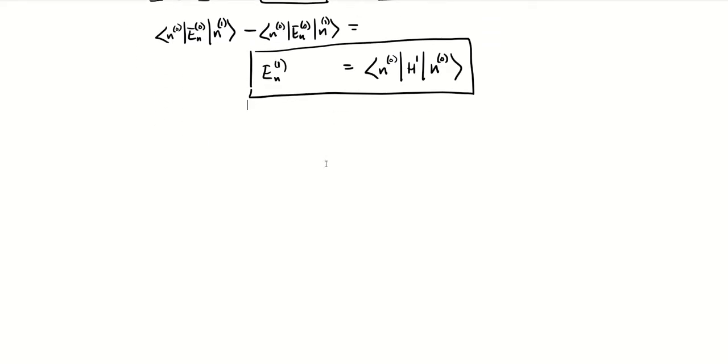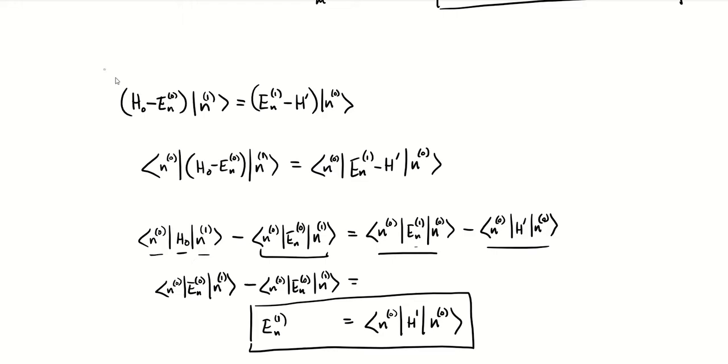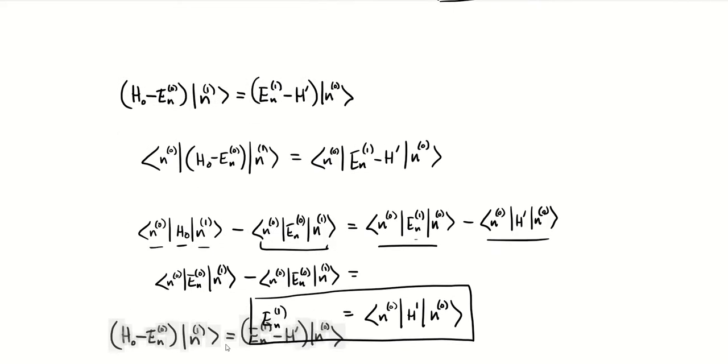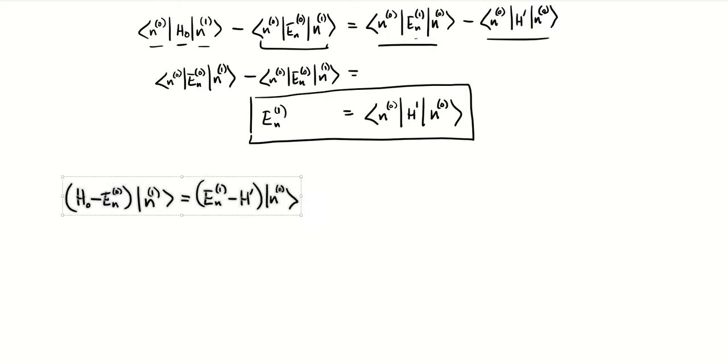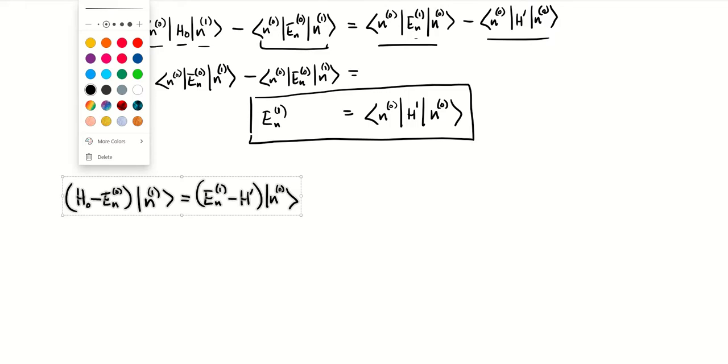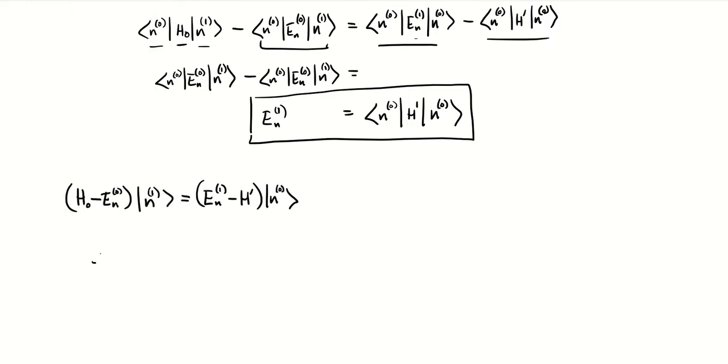And then again, if we look at the other rows of that equation, let's just take this and bring it down here. If we look at the other elements of that equation, and operate with <m0| on that equation and see what we get there, we'll be able to figure out our first order corrections to the state.